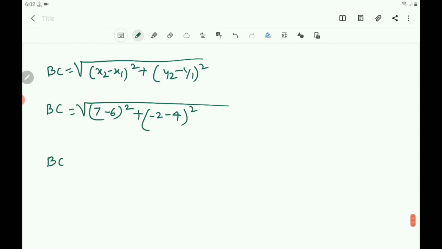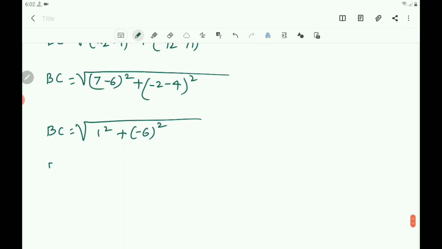So BC equals 7 minus 6, you got 1 square, plus minus 2 minus 4, you got minus 6. Sum of minus 2 and minus 4 is minus 6 whole square. Then BC equals whole root 1 square is 1, minus 6 whole square is plus 36. You got that is also 37.